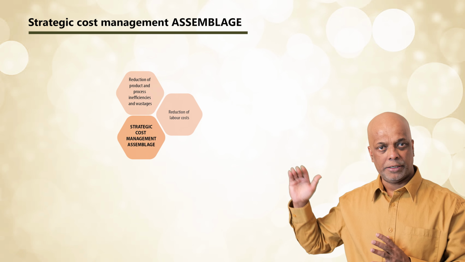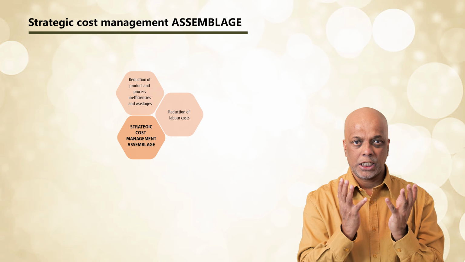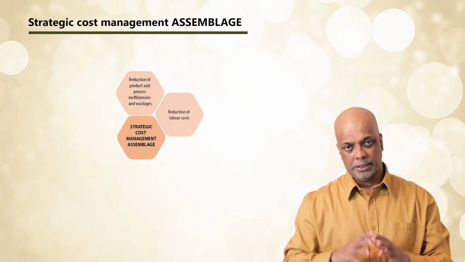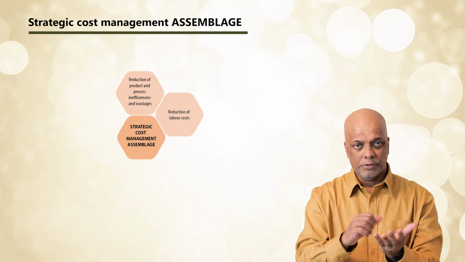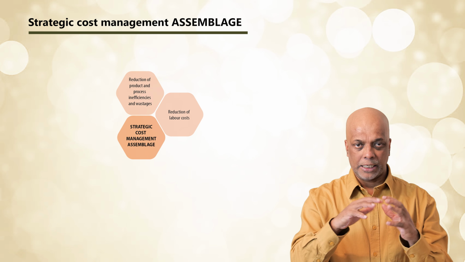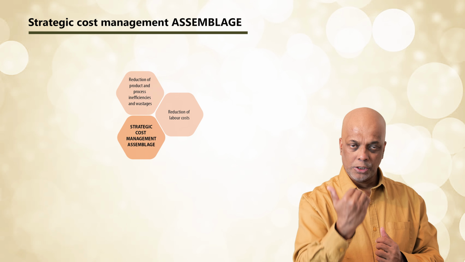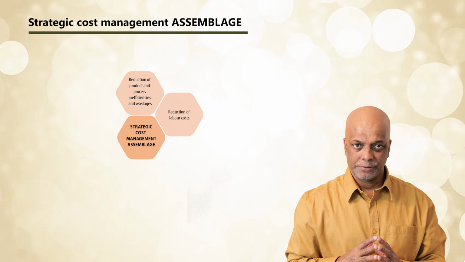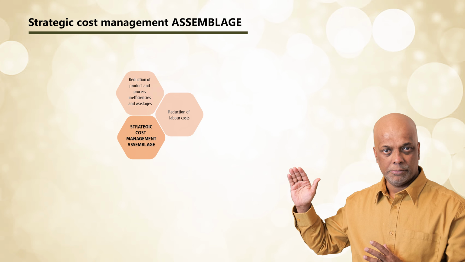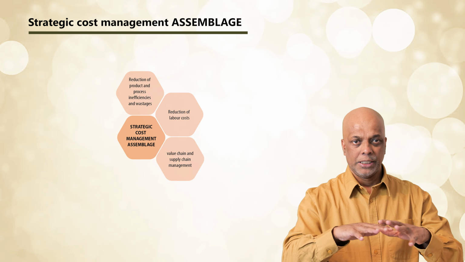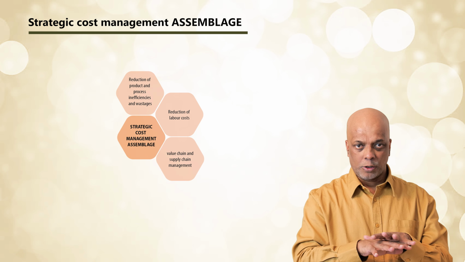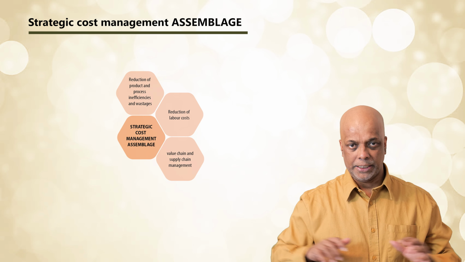And the second element is the labor cost, reduction of labor cost. Here we will talk about various new concepts, techniques, and procedures through which firms are now trying to achieve lower labor cost. And then the third element or theme is management of cost across the value chain and the supply chain.